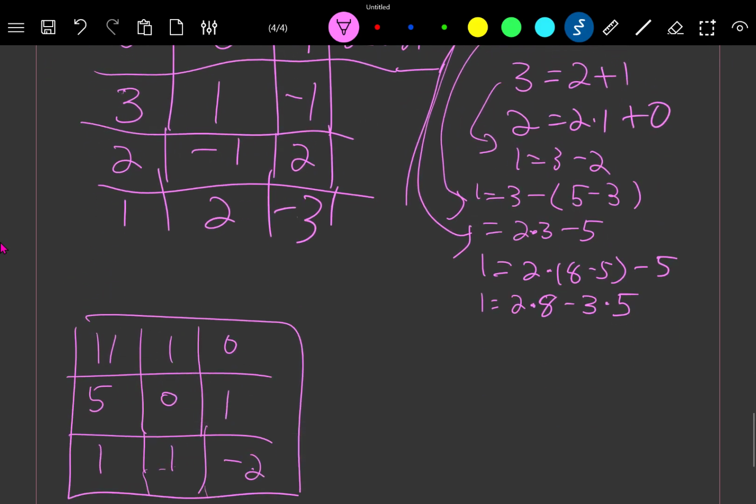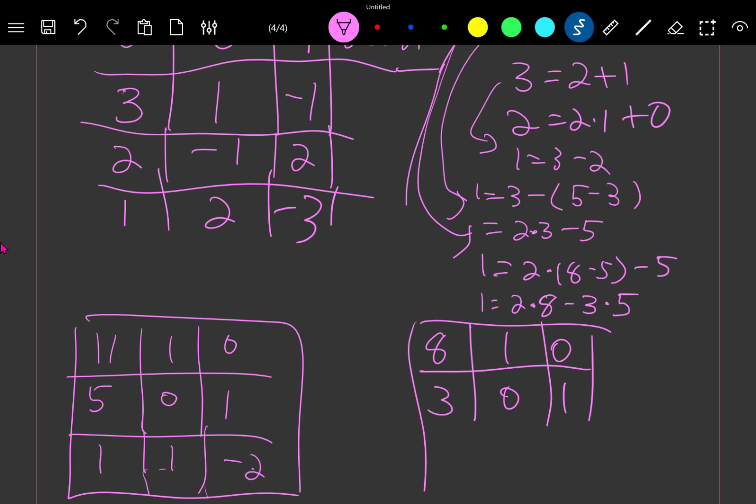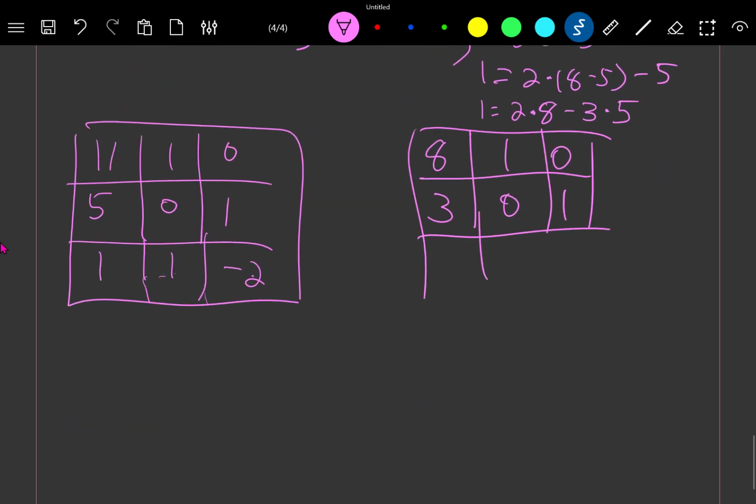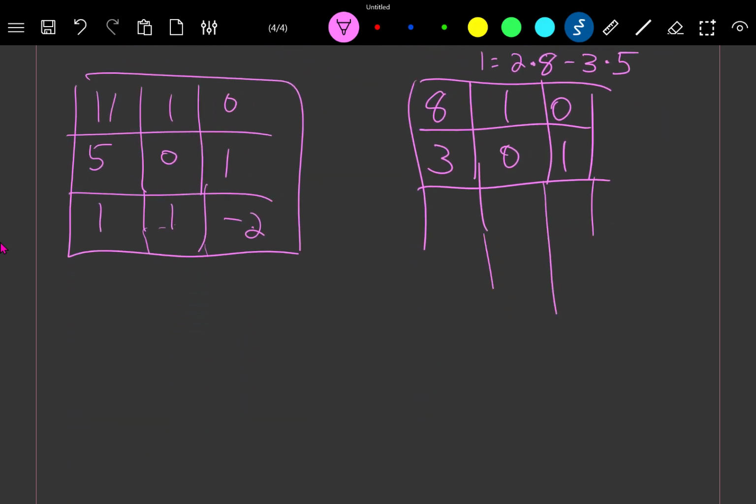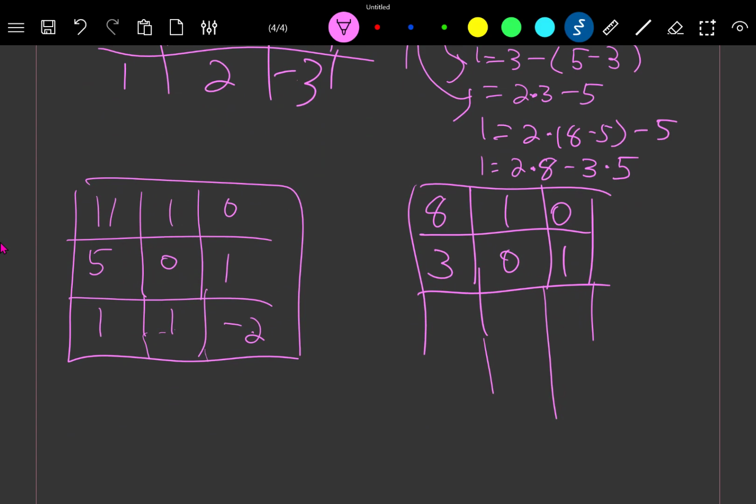Maybe if we did 8 and 3, I think this has a couple of steps that are different. So what you could do here is 3 goes into 8 twice with remainder 2. So you subtract 2 of the second row from the first row, and then 2 goes into 3 once.